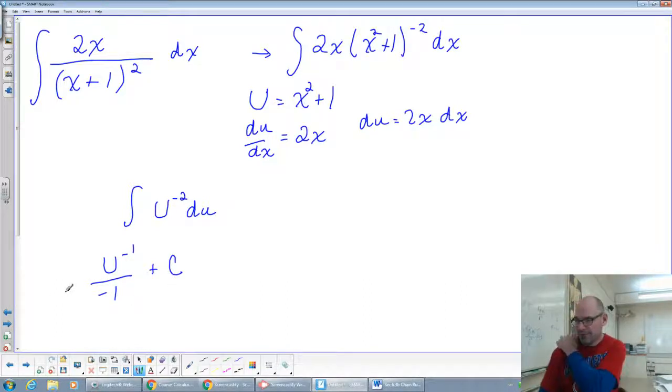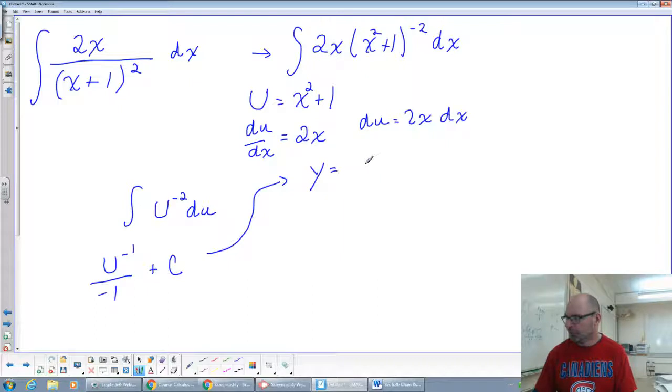Okay, right? Add 1, and since we're adding 1, it's going down. So then if we substitute our variable in, y is then going to equal u to the negative 1, which would be x squared plus 1 to the negative 1. And it's over negative 1, so we're just going to put a negative in front, right? Anything divided by negative 1 is just a negative in front. And then that's it for that, plus the c.